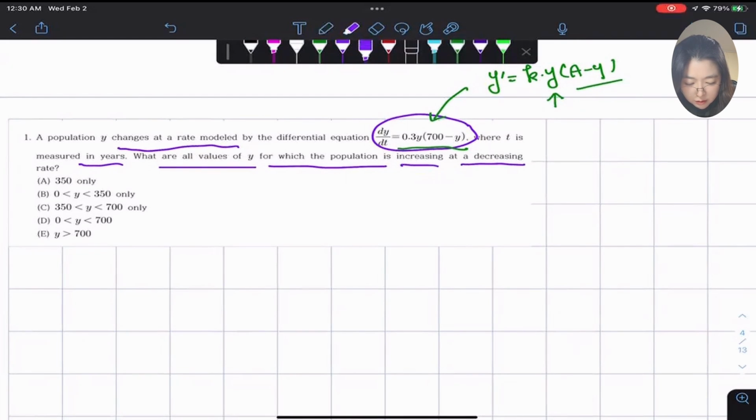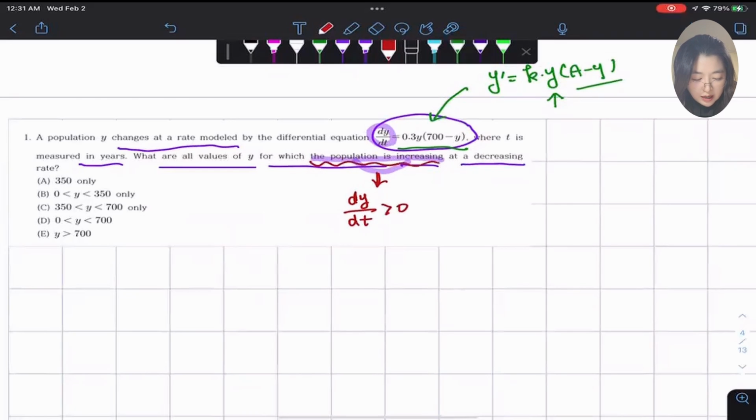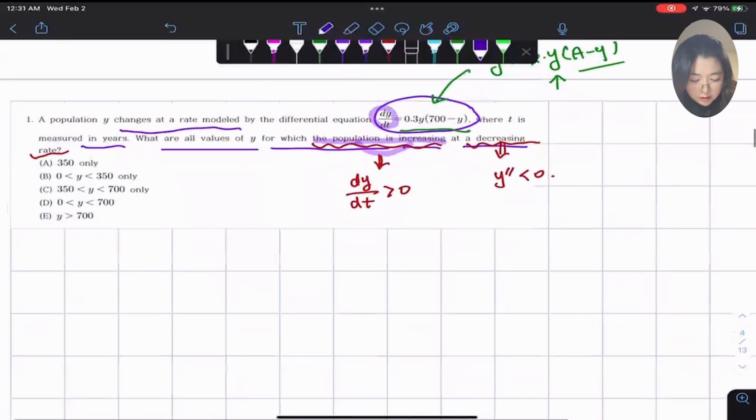Look at our purpose. The population is increasing. This is dy over dt is positive. At a decreasing rate means that y double prime is negative. Yeah, this is y prime.